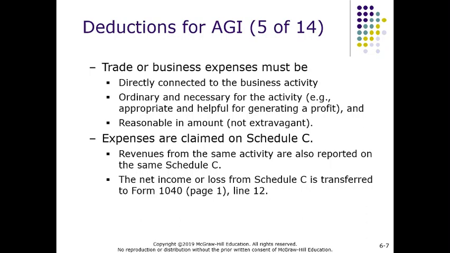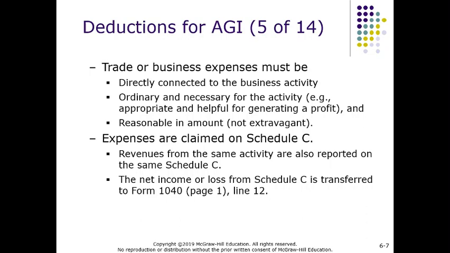Well, if you look at a Form 1040, where exactly do you deduct trade or business expenses? Well, it's not on 1040. It's on Schedule C, which you attach to 1040. Schedule C requires you to list all your business income as well as your business expenses in Part 2.